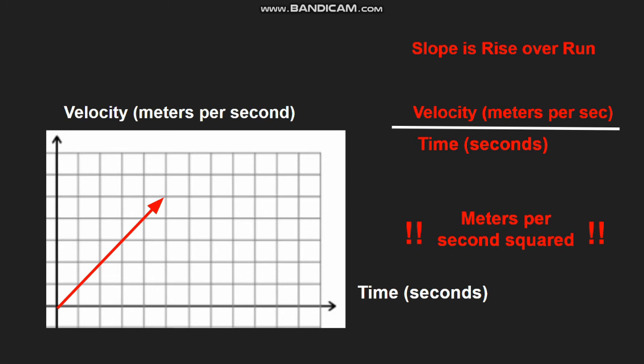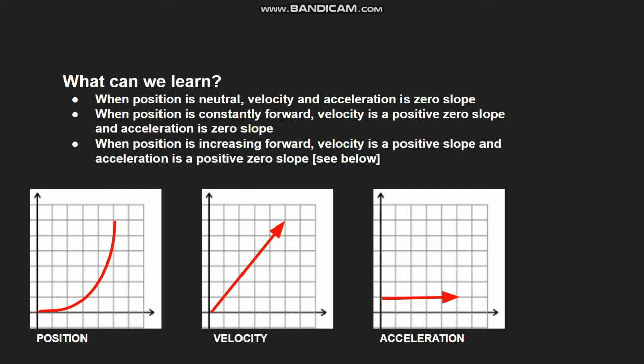Okay, when the position is constant in place, velocity and acceleration are also zero. When the position is progressively going forward in one direction, velocity is positive, but acceleration is 0. When position is speeding up, as in speeding up in a general direction, velocity has a positive slope, and acceleration is essentially just shifted up, but is still a 0 slope.